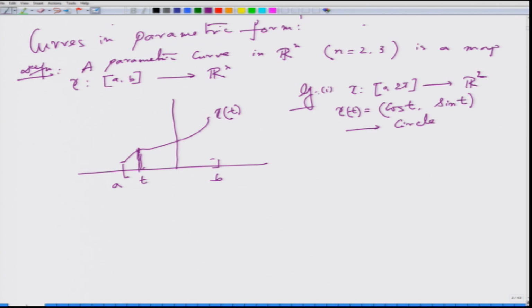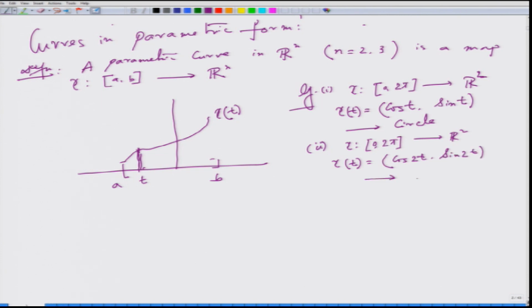Let us say that is example 1. Next, I consider another function on the same interval. Gamma(t) this time is (cos 2t, sin 2t).